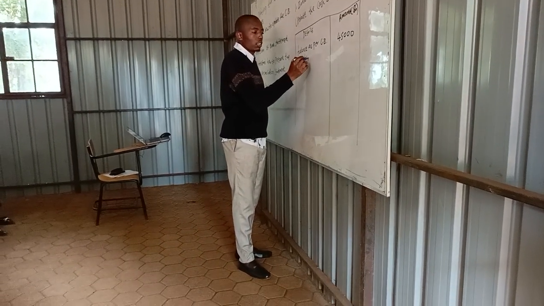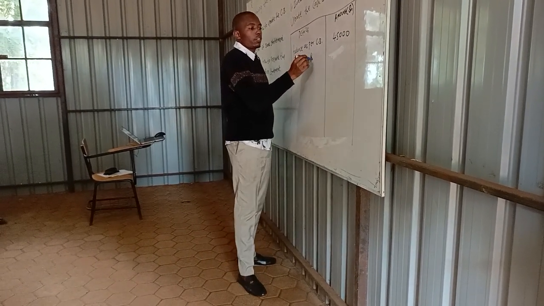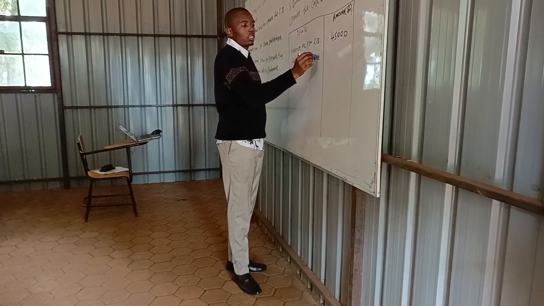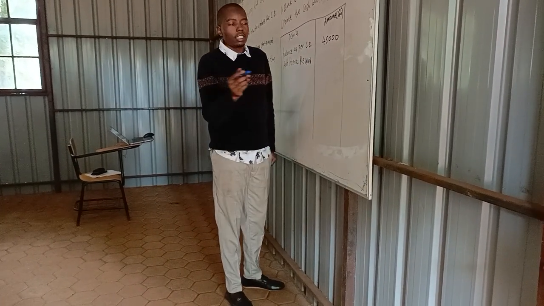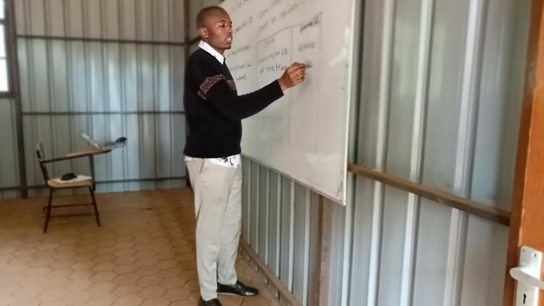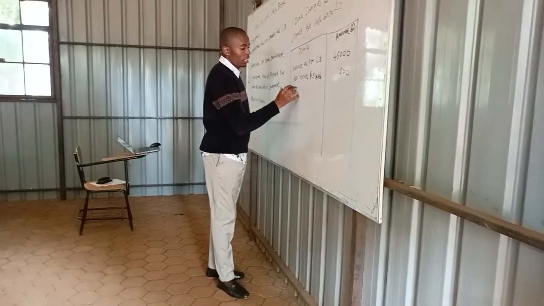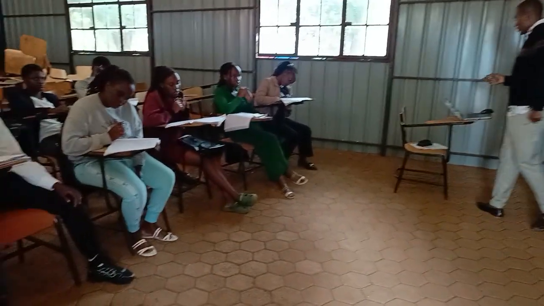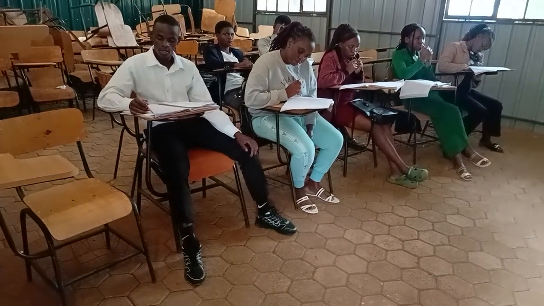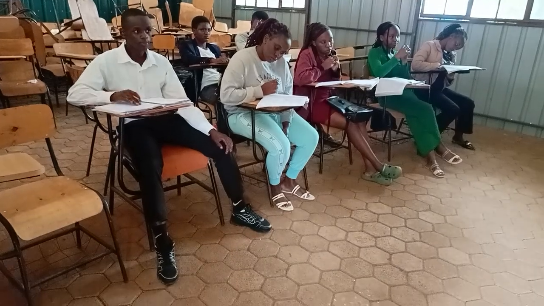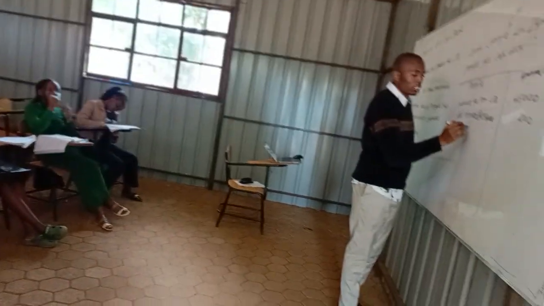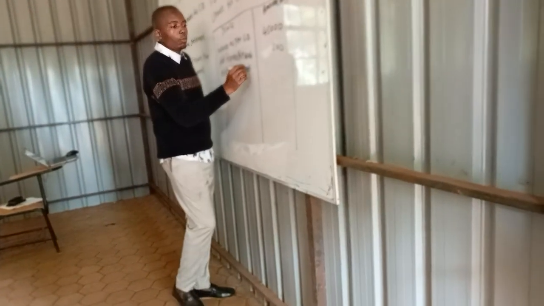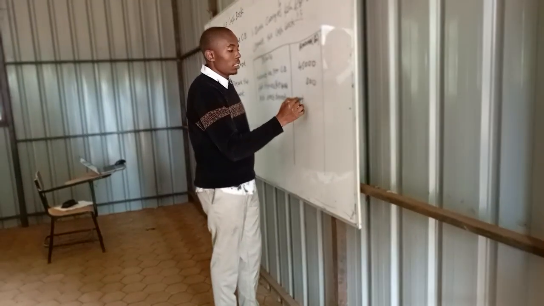How much was it? 800. We add what else? Another item that shows money in: the direct deposit by customer. How much was that? 10,000.